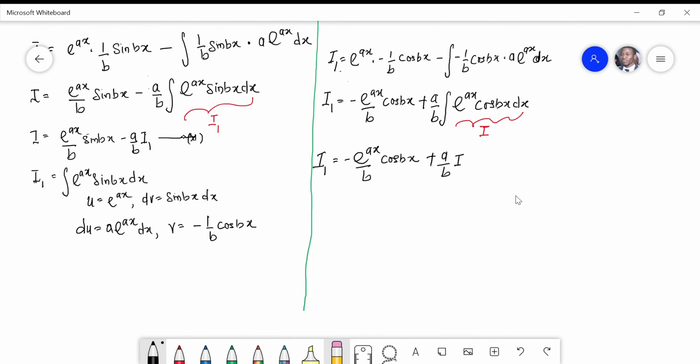So we can then substitute the I1 back in the asterisk. So our I from asterisk becomes e to the power of ax over b sine bx minus a over b I1, sorry, which is this.